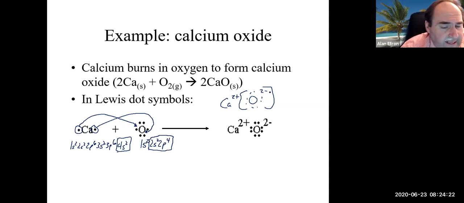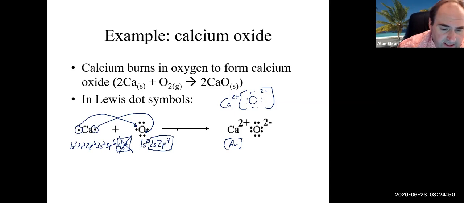So what happens again in terms of electron configuration? Our calcium, which loses its 2 valence electrons, goes from 20 to 18, which means when it loses those 2 electrons, it has now been able to achieve argon's configuration, which makes it very happy. It now has the noble gas configuration.